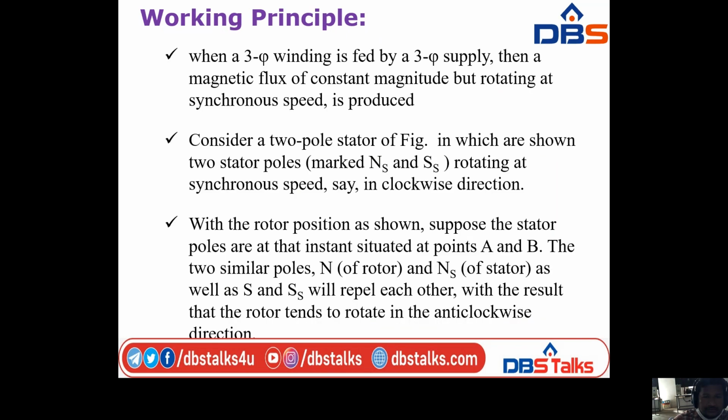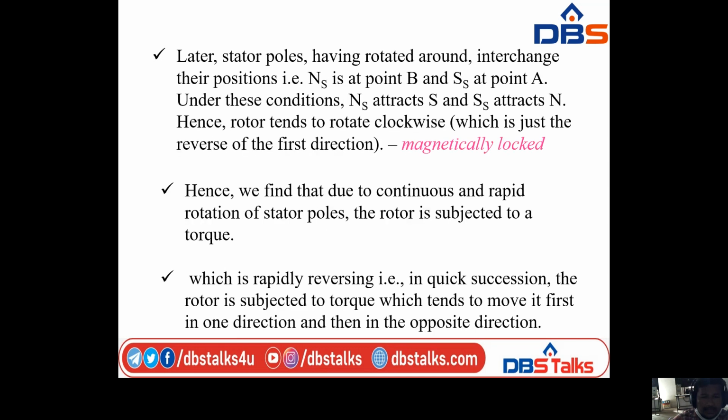Later, the stator poles, having rotated around, interchange their positions. Ns is at point B and Ss is at point A. Under these conditions, Ns attracts S and Ss attracts N. Hence, the rotor tends to rotate in the clockwise direction, which is just the reverse of the first direction, and is developed with the help of magnetic locking.